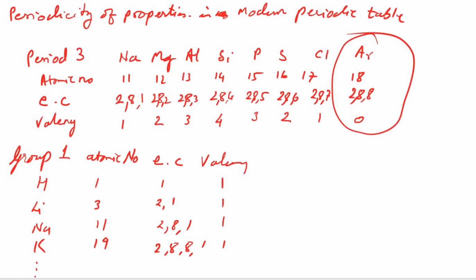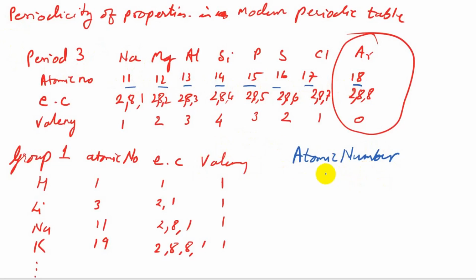One of the properties I'll talk about is atomic number. You can see here, this is 11, 12, 13, 14. As you go towards the right, what is happening? It is going on increasing.